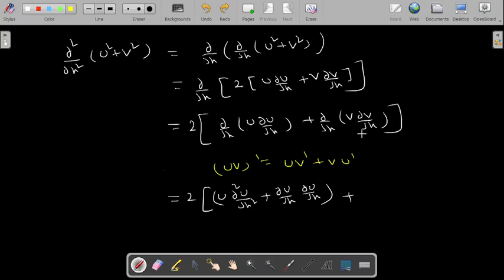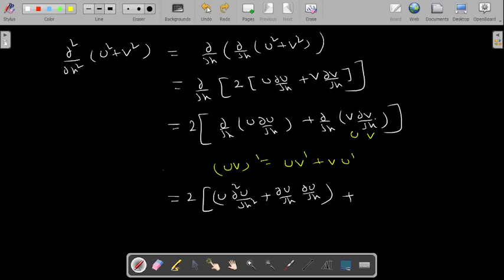So now u into, wait a minute, v into the differentiation of ∂v/∂x, which is ∂²v/∂x², plus ∂v/∂x as it is times the differentiation of v, which is ∂v/∂x. If you want, you can see one more time: this is u, this is v, we are applying uv' + vu'.